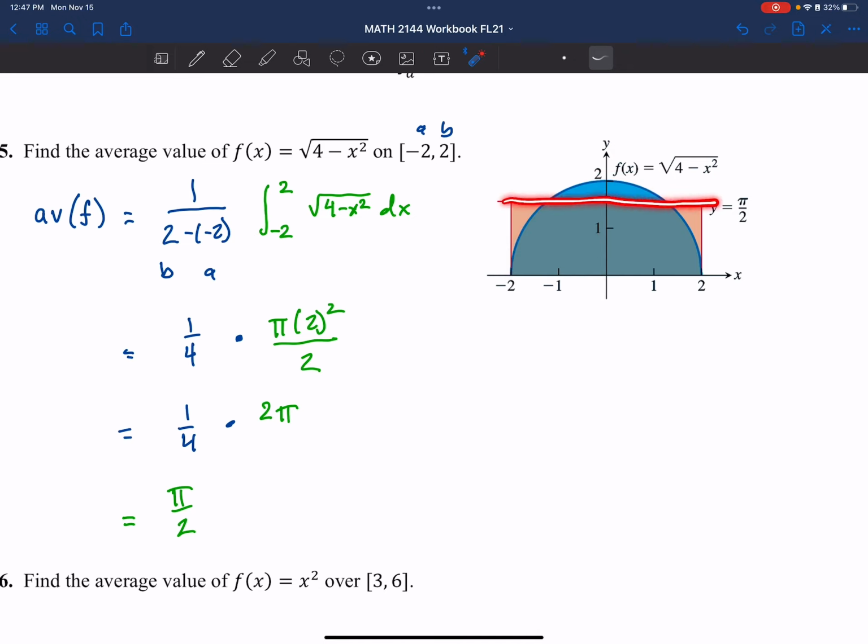So the average value is just going to give you some y value. And that would be if this water were to all level out to some sort of rectangle, that would be the height of that rectangle. So it also makes sense if you think about the larger values pulling it up in the middle and things like that. Any questions on that formula?